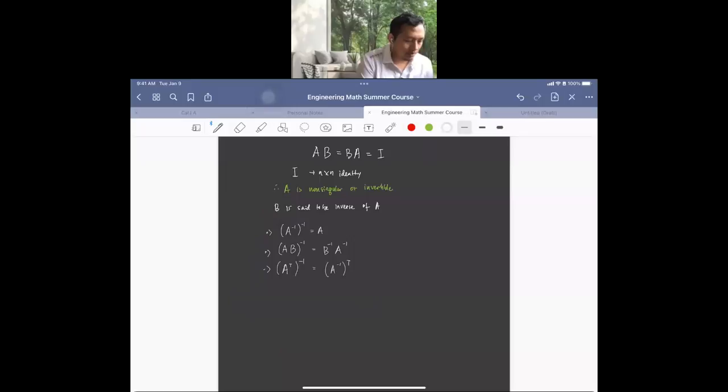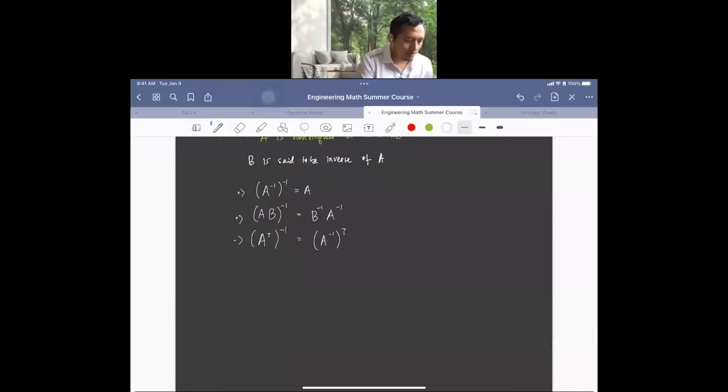Another important method for the inverse is what we call the adjoint method. So let A be an n by n matrix.